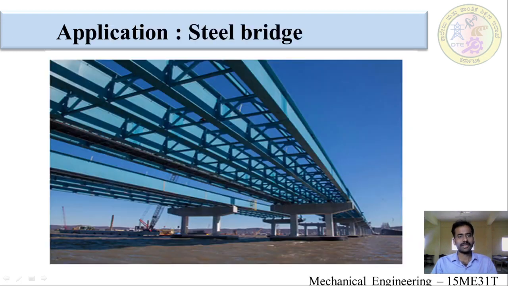Now, these beams are used in constructing steel bridges. It is one of the examples. With the help of steel beams, we can construct bridges across rivers and seas. This image shows a steel bridge made up of steel beams.